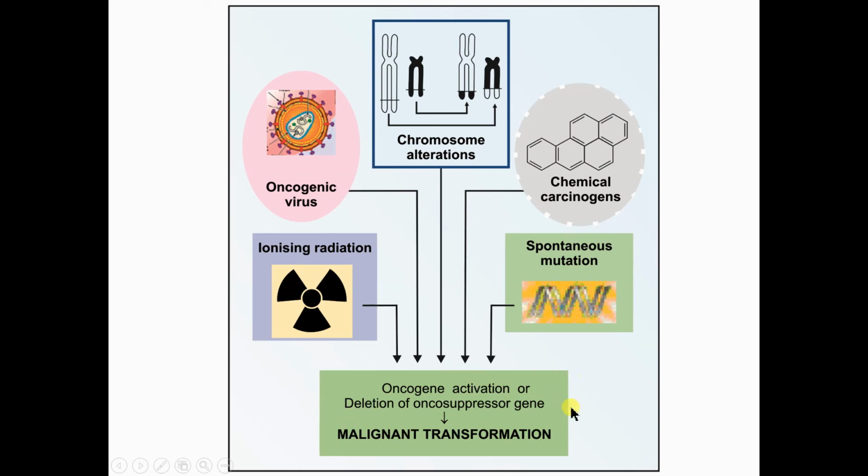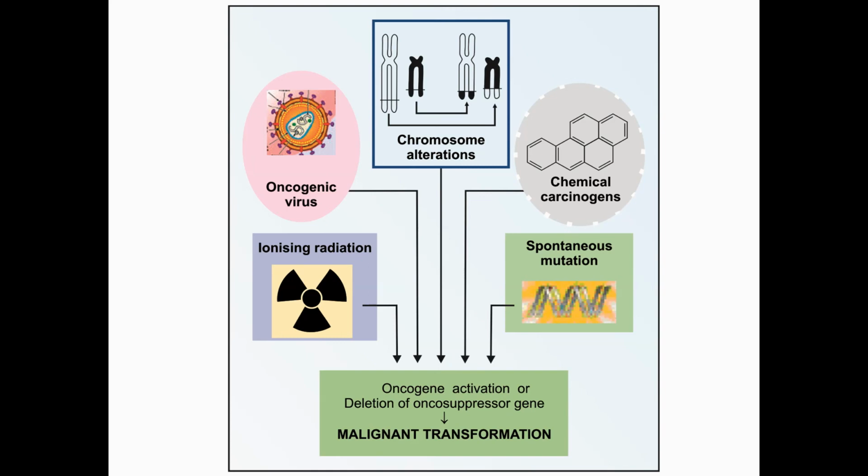So the balance between the proto-oncogenes and tumor suppressor genes is lost. Growth promoting factors are synthesized abnormally in large numbers, while growth inhibiting factors decrease in number, so growth becomes uncontrolled.